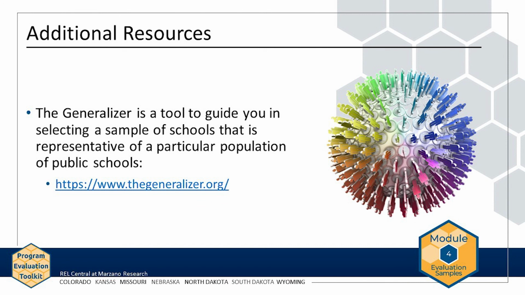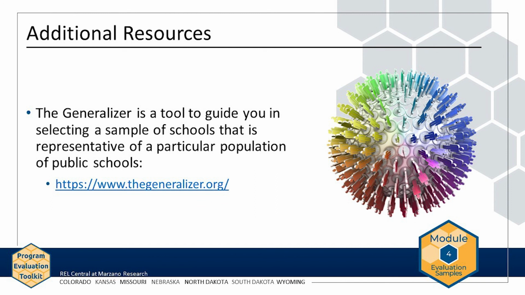Take a moment to explore the Generalizer if you need to identify a particular sample of schools to meet your evaluation needs. It includes step-by-step directions that will guide you in using the tool. The Generalizer can be very useful for targeting schools that meet certain criteria for an evaluation.